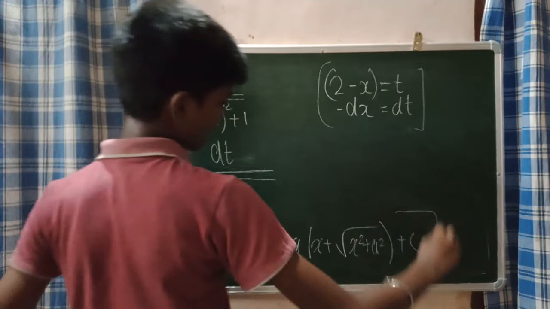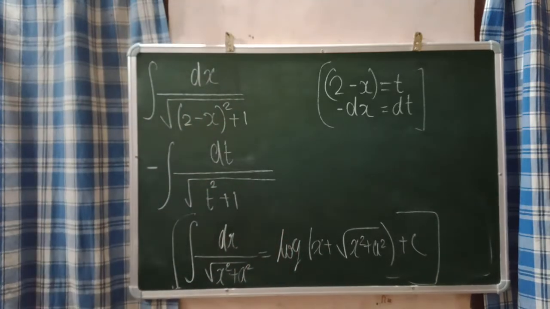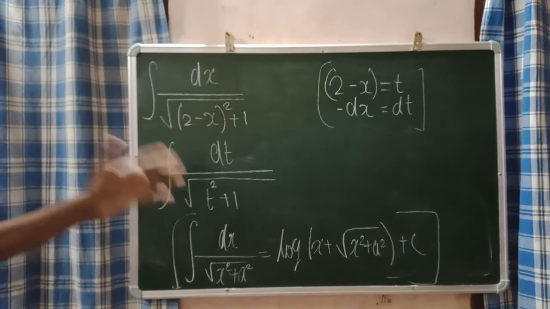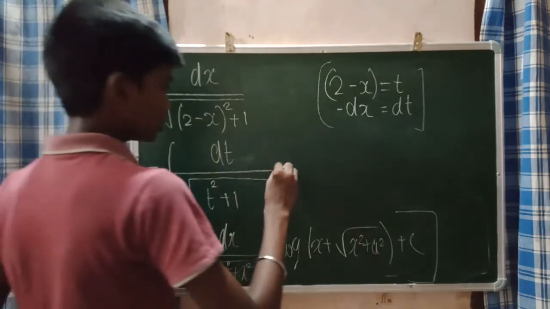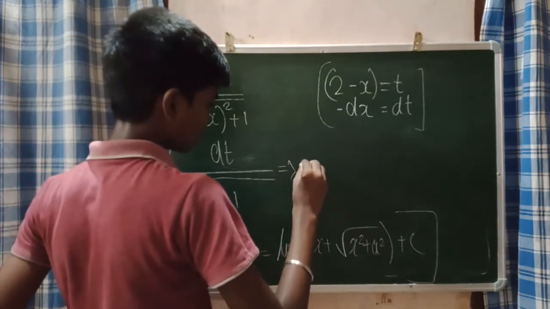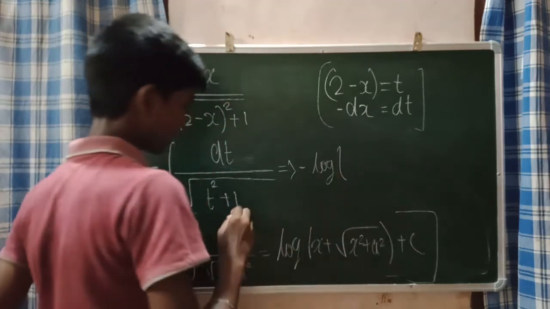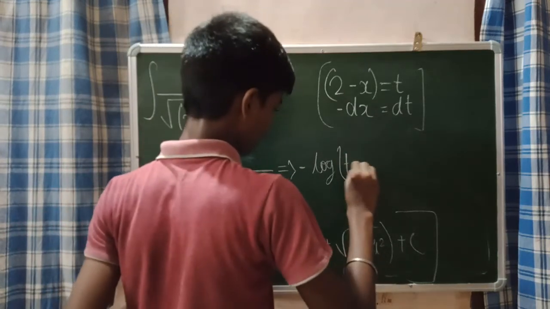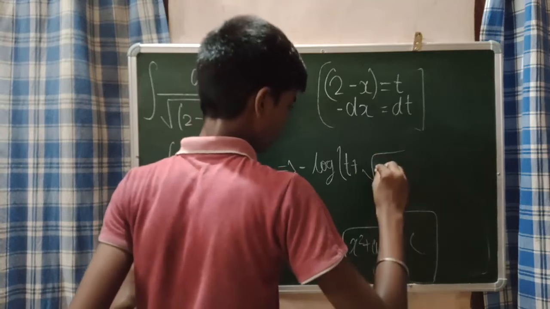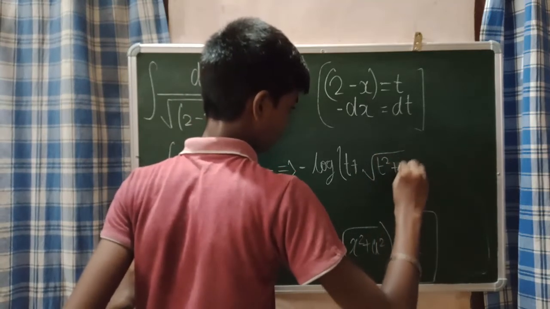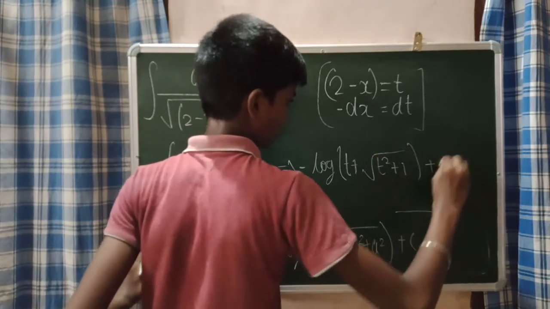This is the standard integration that I told earlier, and it is the same one I am going to use here also. So that will be nothing but minus of log of t plus the square root of t square plus 1, then plus some constant.